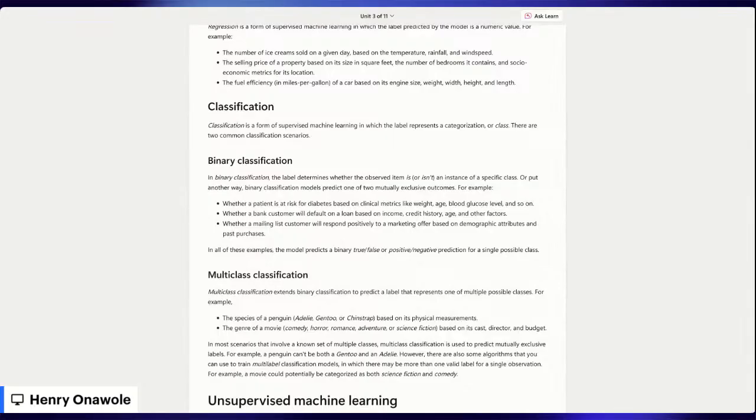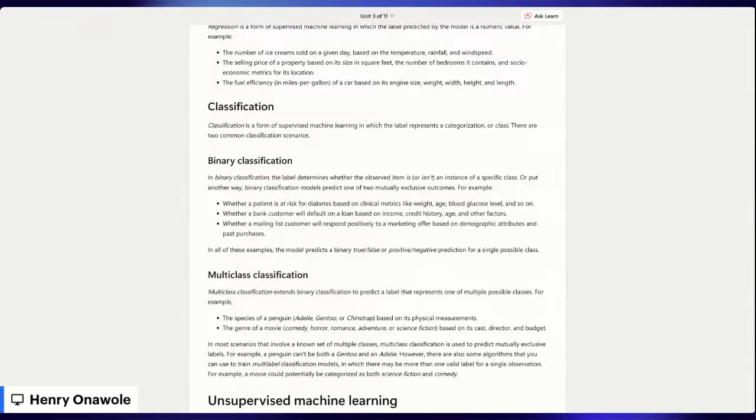For example, one, whether a patient is at risk for diabetes based on clinical metrics like weight, age, blood glucose level, and so on. Whether a bank customer will default on a loan based on income, credit history, age, and other factors.